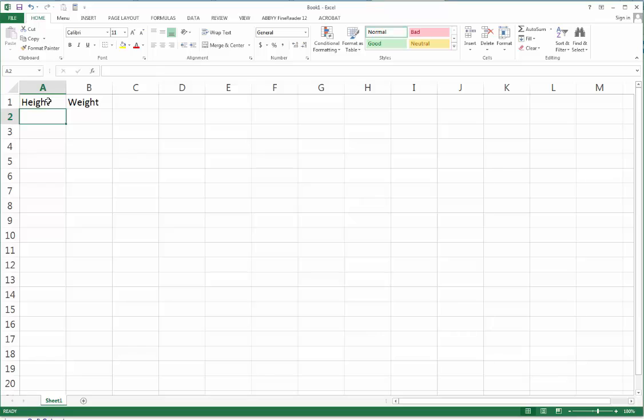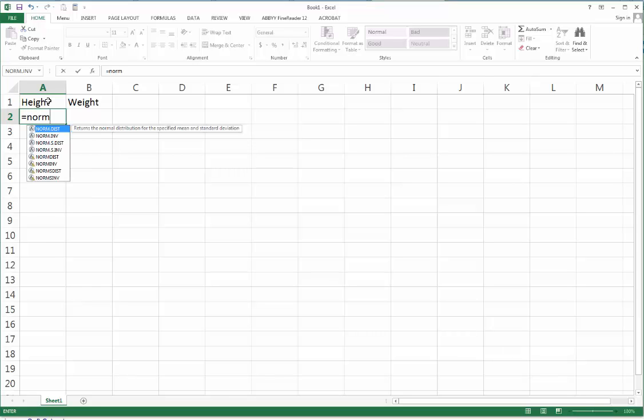This is probably wrong, or maybe this was true in the previous version of Excel. So I am trying to type it here correctly. We start with the equality sign, then we say normal dot inverse. Okay, this dot is missing in the book, and then in parentheses rand for random, rand with empty parentheses.